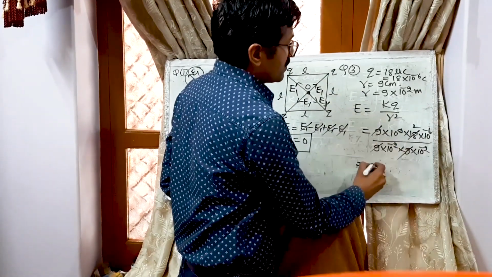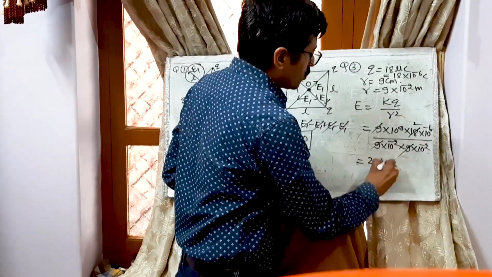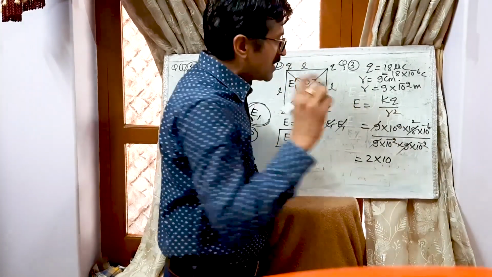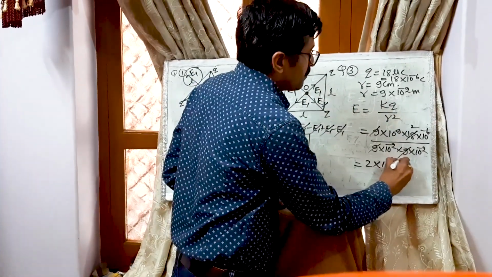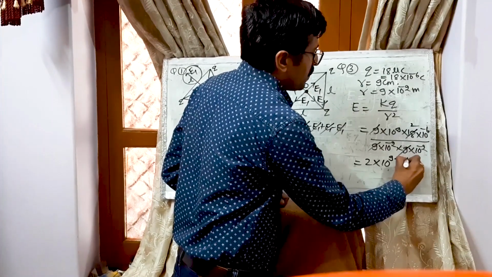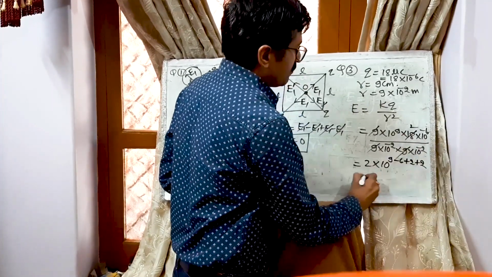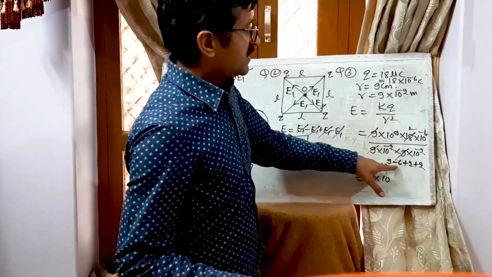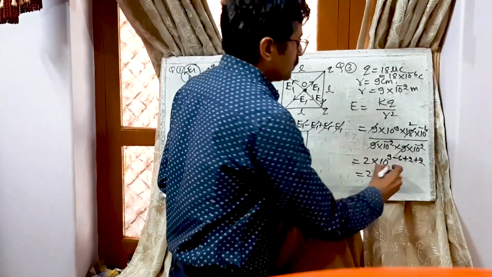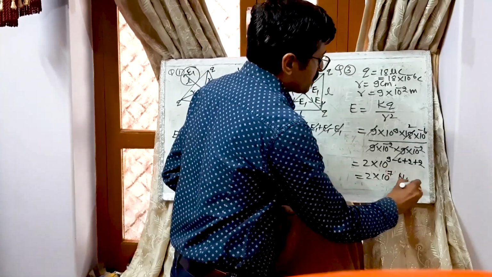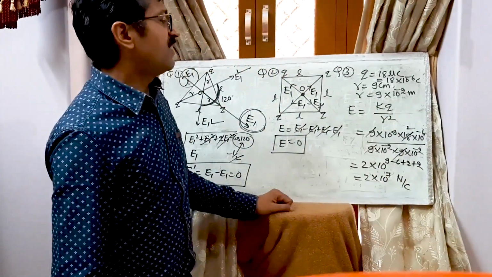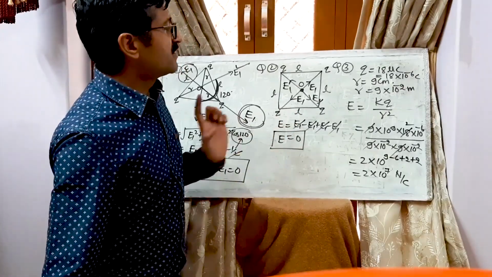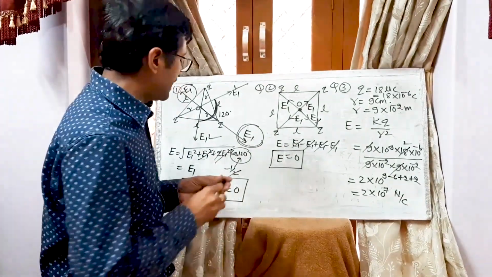Now here, 2 into 10 to the power, you have to solve the powers: 9 minus 6 plus 2 plus 2. So it is 2 into 10 to the power 3 plus 2, 5, 5 plus 2, 7 Newton per Coulomb will be the answer. This is the determination of electric field intensity.